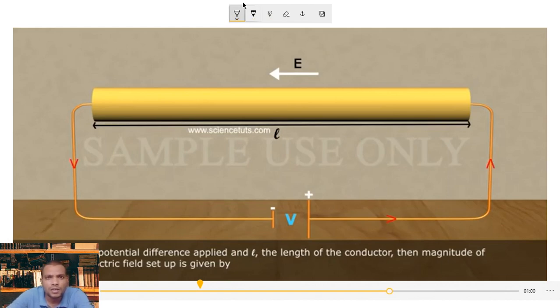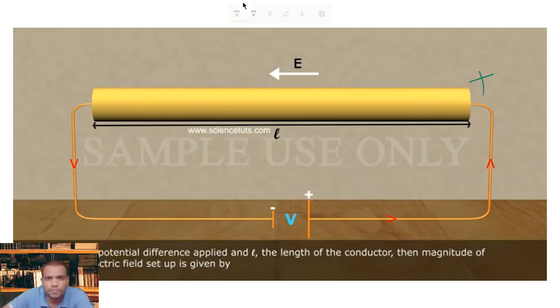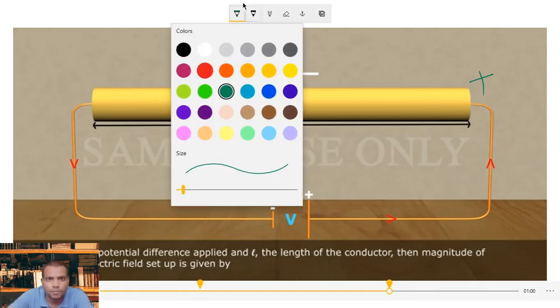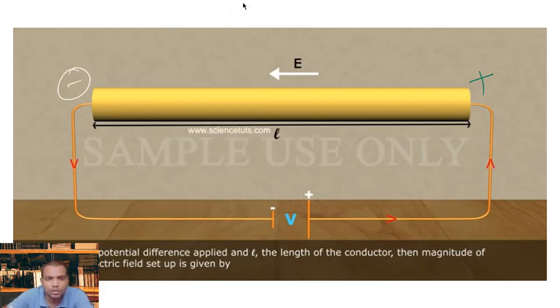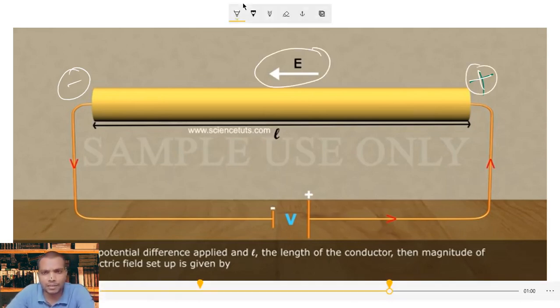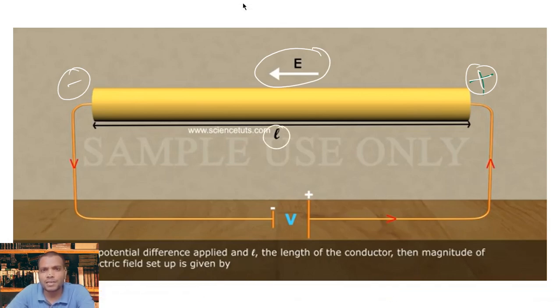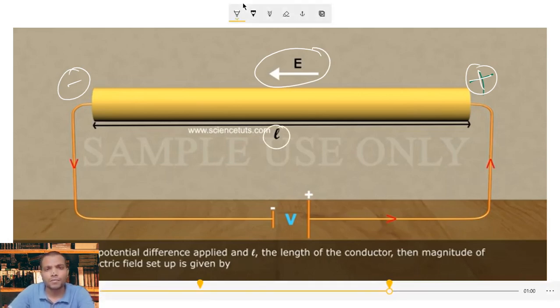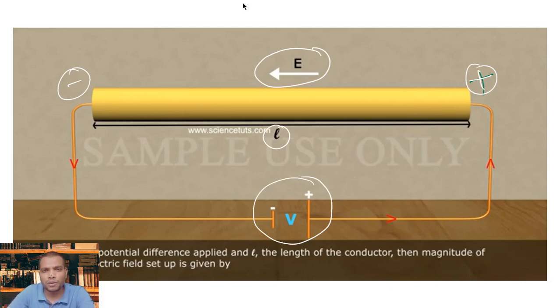Here it is the positive potential, and here it is negative potential, and the electric field direction is from positive to negative. If L is the length of the conductor, and V is the potential we applied here.